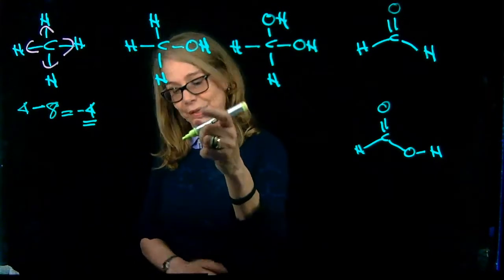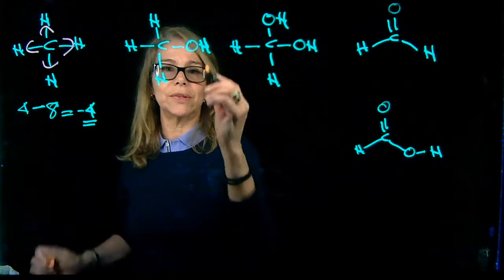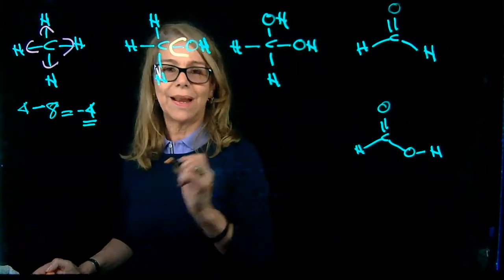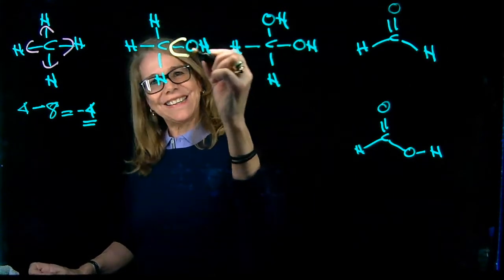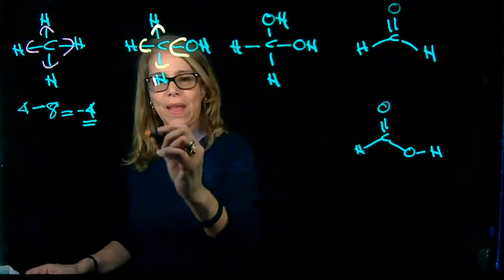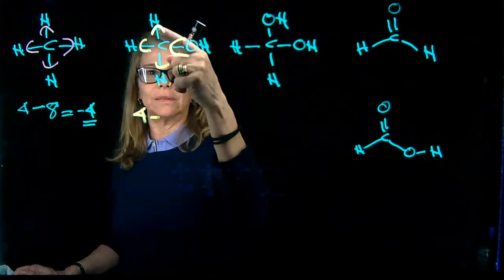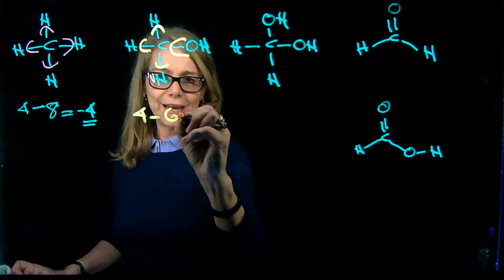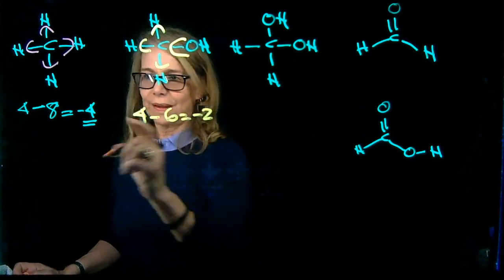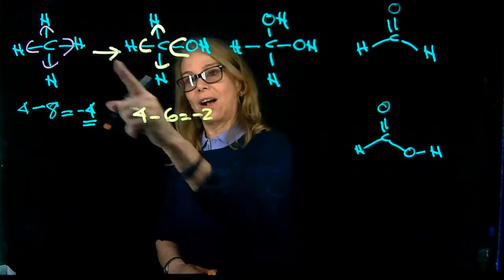Doing the same here, we assign the electrons to the more electronegative atom, but this time it is oxygen, not carbon. Carbon between these two is taking these two. My math here is 4 valence electrons, and then my count 2, 4, and 6 is -2. So in going from here to here, carbon is getting oxidized.